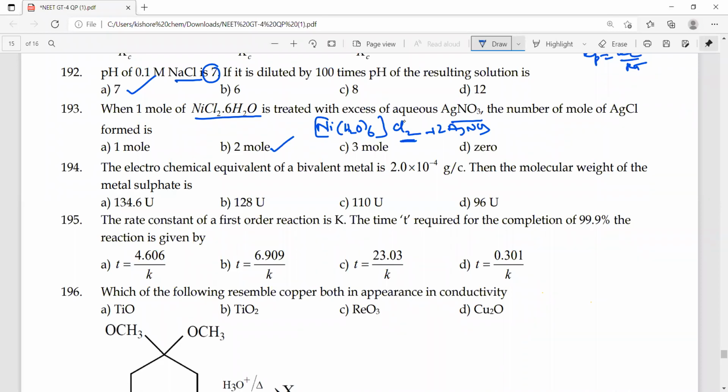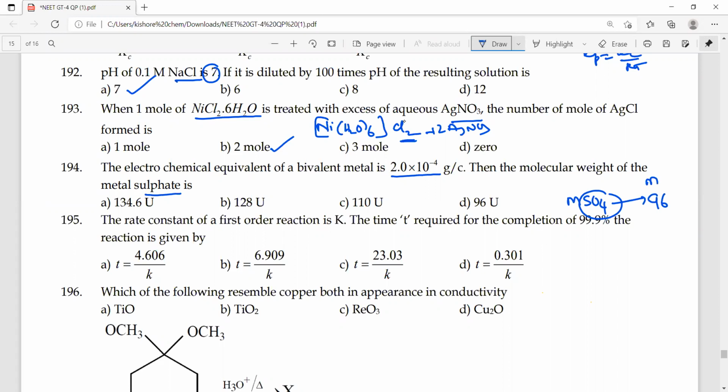The electrochemical equivalent is given as 2 into 10 to the power of minus 4 gram per cc. Find out the molecular weight of the metal sulfate. Metal sulfate means MSO4. H2SO4 is 98, SO4 is 96.